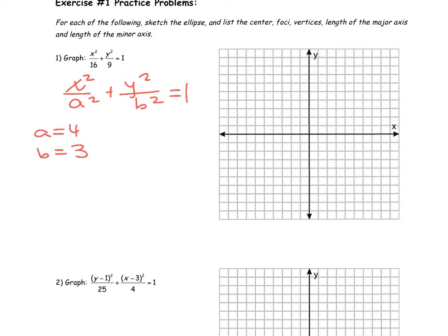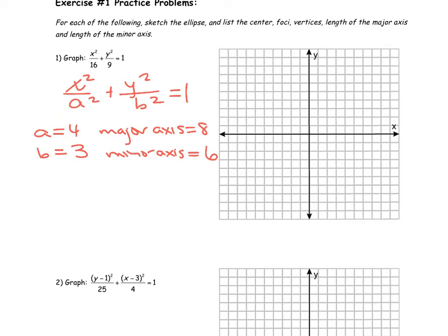This is literally the exact same problem, guys, from what we just did before. Very, very similar, it's just missing the x minus 3 squared, but that's okay. So we know that the length of the major axis is 2a, so this will be 8. Then the minor axis is 2b, which will be 6, 2 times 3.